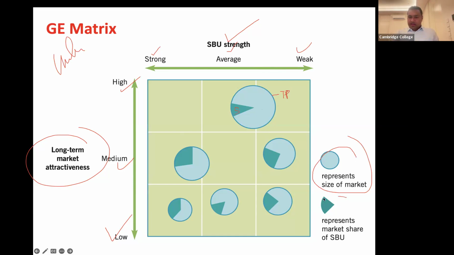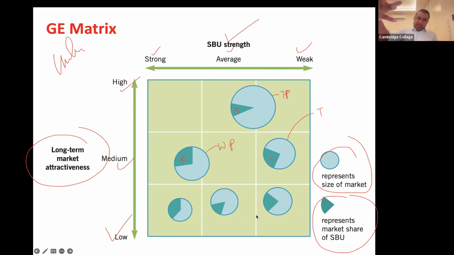The pie chart represents the brand or the SBU or the product's market share. So this can be the tea market, this can be Lipton's market share. This can be the washing powder market, this can be a Rin market share. So like that, all 80 brands, you plot it like this.